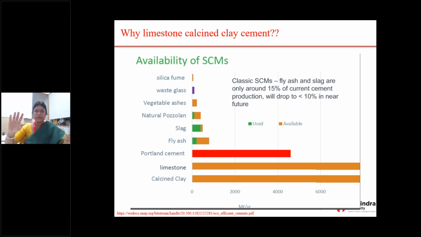Any material which has to meet the demand of concrete production needs to be available abundantly. The other SCMs don't fit into the availability. It's the limestone and calcined clay which are abundantly available and can be a probable solution to our problem.